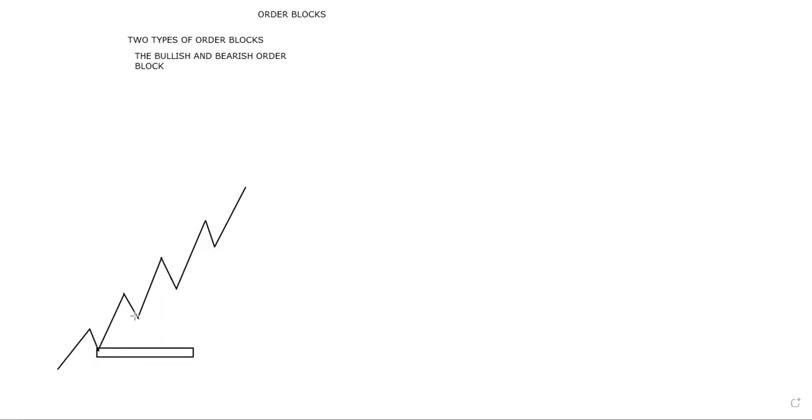The last bearish candle here, because it's a bullish phase, so you are going to plot the last bearish candle. The last bearish candle is around here, because the market is moving up. So these are order blocks, OB.